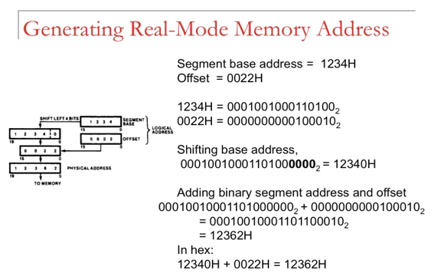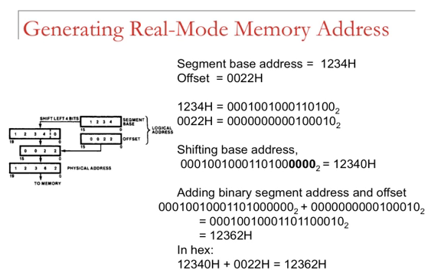You shift the 16-bit value to the left by 4 binary bits, so those are new zeros at the end. That gives you the hexadecimal value 12340, and this 0 is added because of the shifting. So that's the first step.